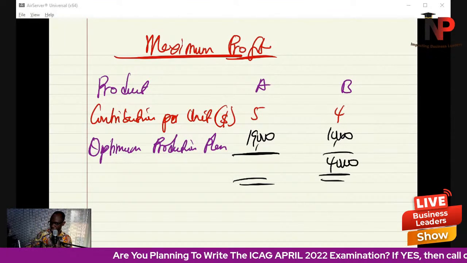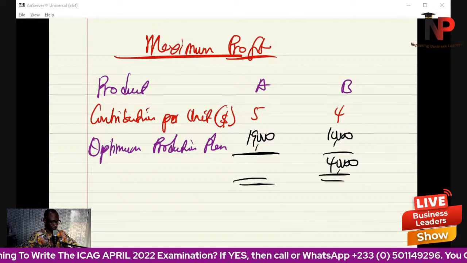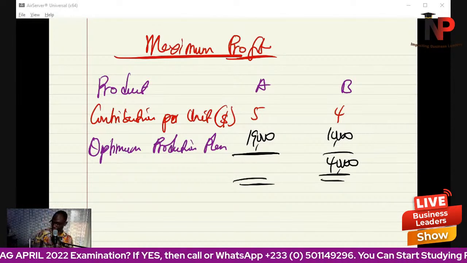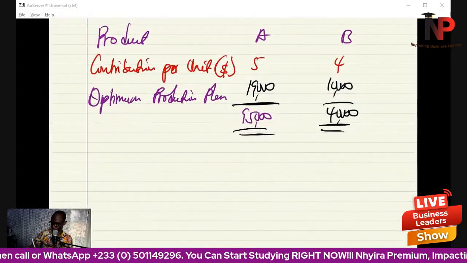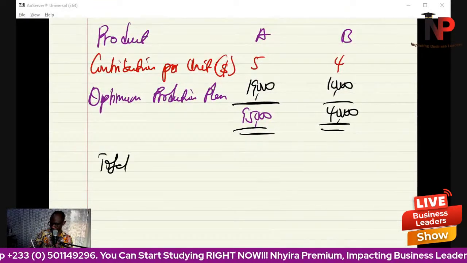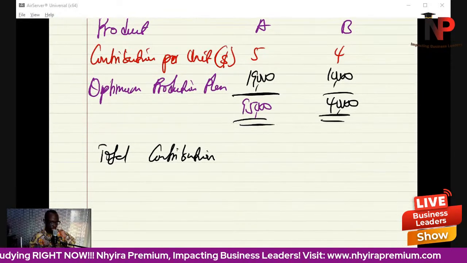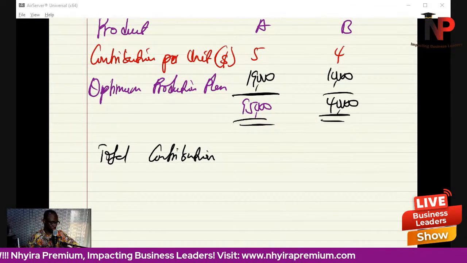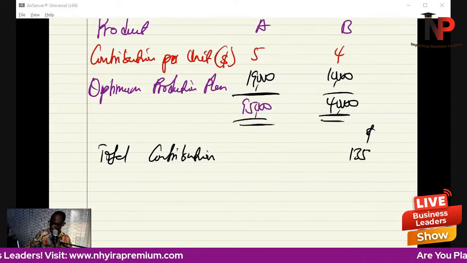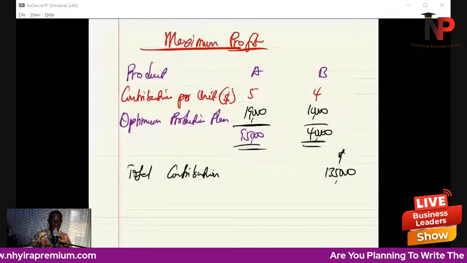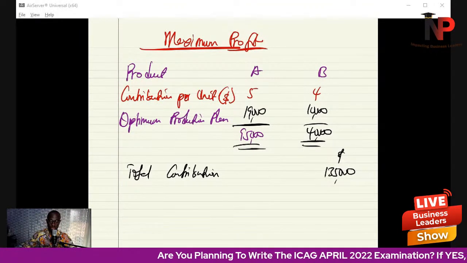We get 40,000 here. Then 19,000 times 5. That's 95,000. So you add the 2 up, and that gives you total contribution. So that will be 135,000. Does that make sense? So that's how you get your total contribution.